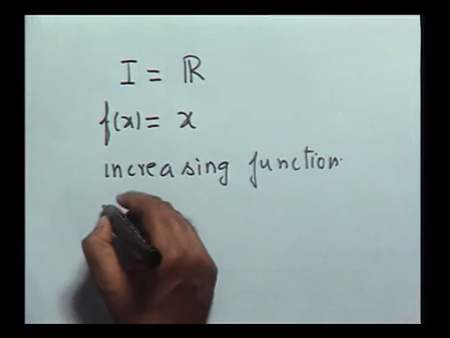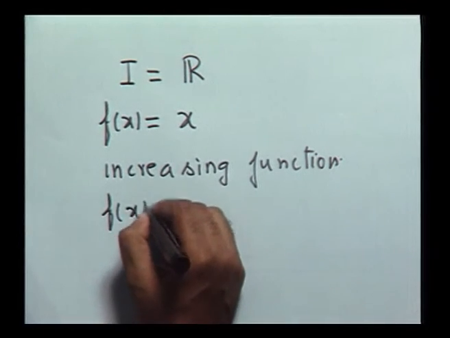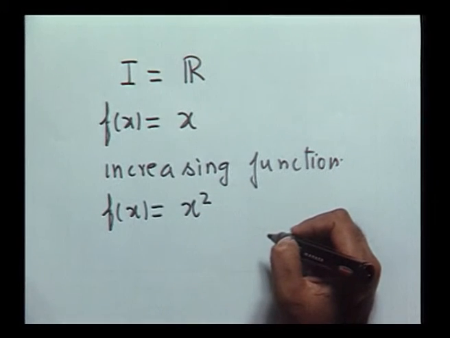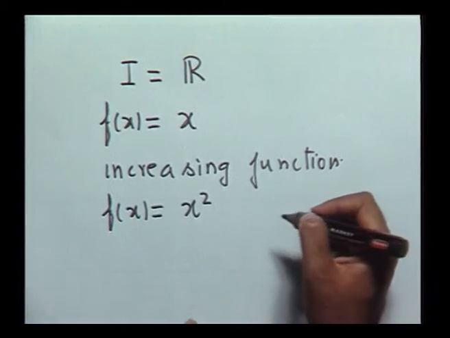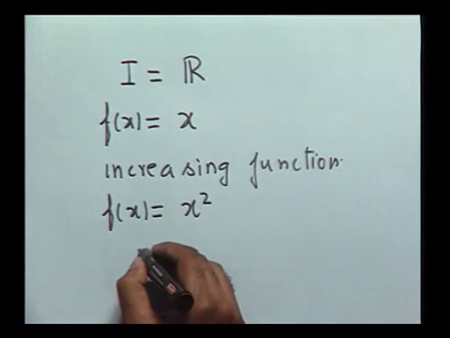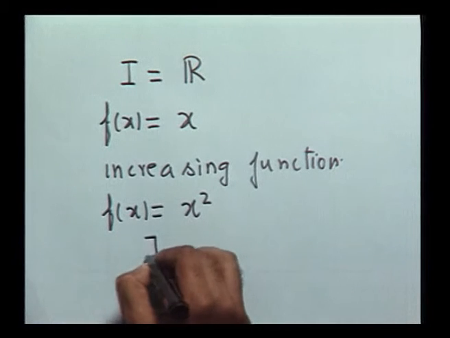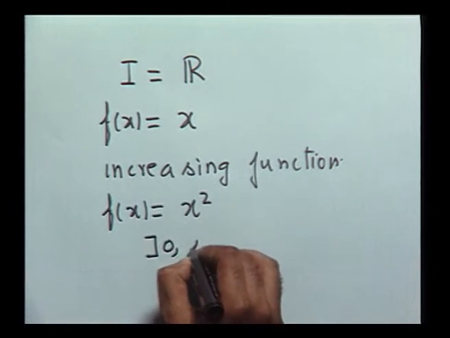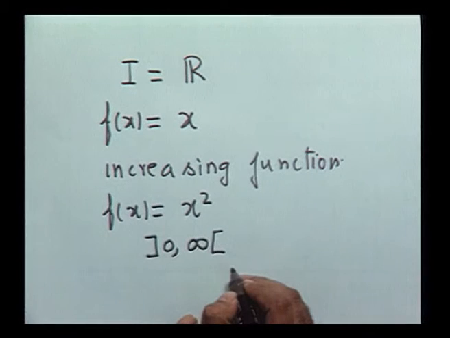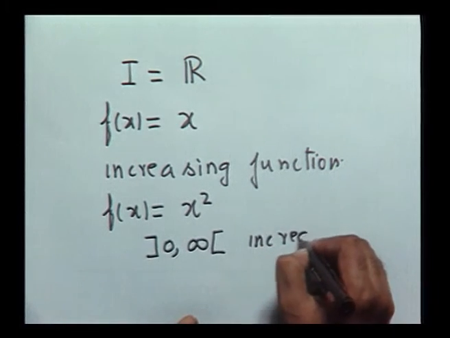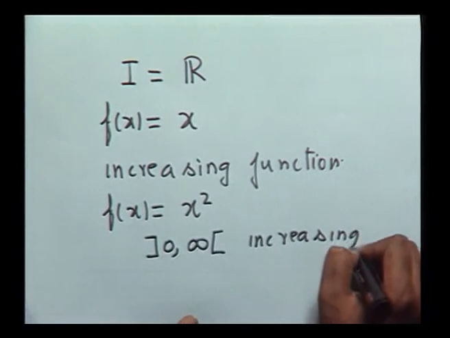Let us take f(x) equal to x squared. What happens now? Well, you can check for yourself that if I take the domain to be the open interval 0 to infinity, then this is going to be an increasing function. This is simple algebraic manipulation.